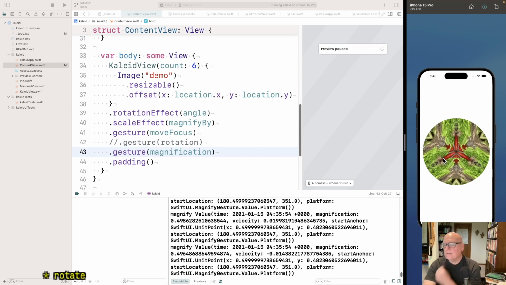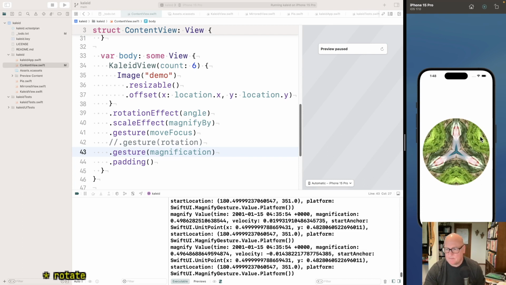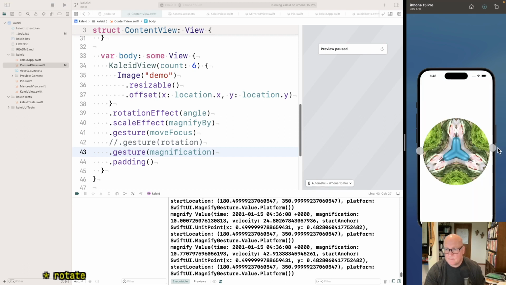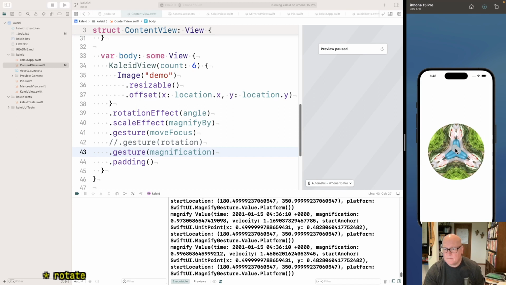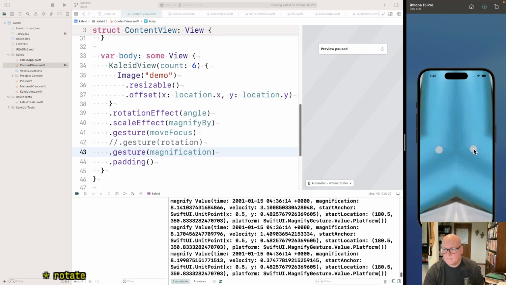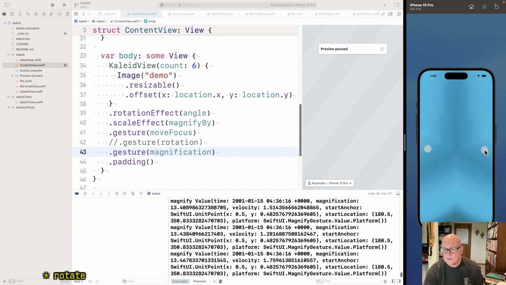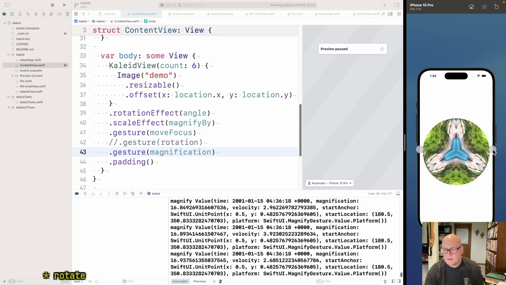Now I don't know if I can use this. What's the maximum? When I hit the edges, it bangs back. Okay.